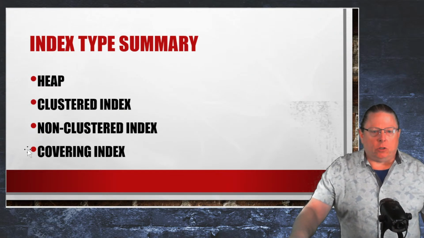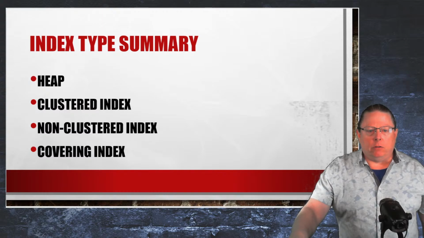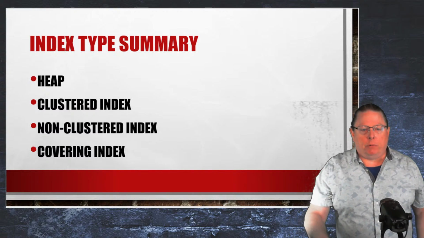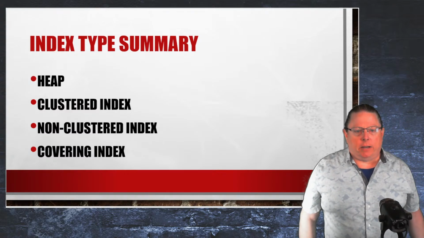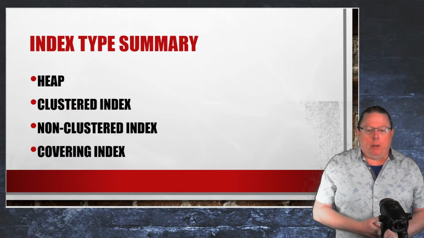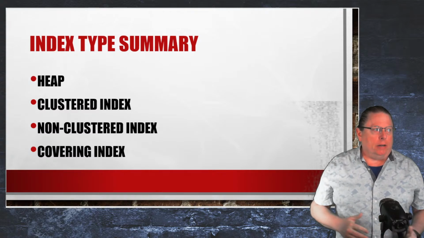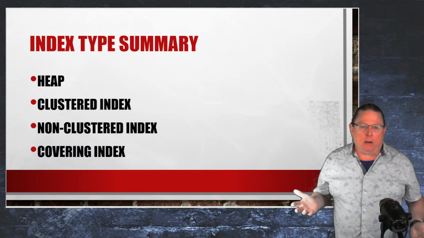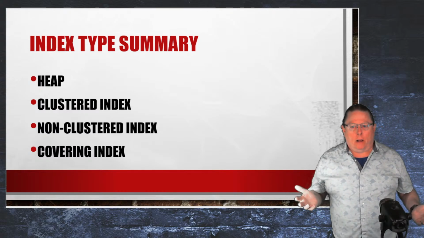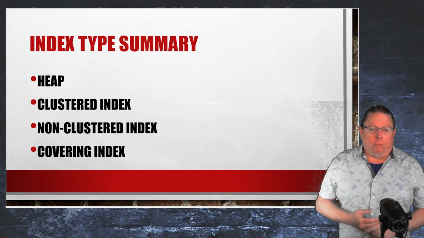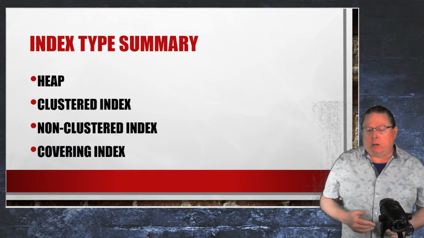So a quick summary on this, and then we'll go into the demo of how to find out a little bit more of what's going on with your database with these different index types in Database Health Monitor. So first off, we talked about a heap. A heap is basically a non-clustered table or a bunch of 8K pages that contain rows of data in who knows what order. It could be the order they were inserted in, or maybe rearranged over time. We talked about a clustered index.